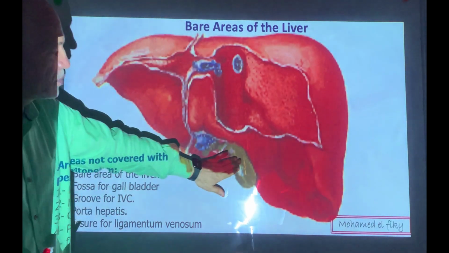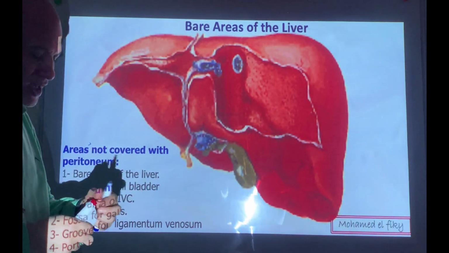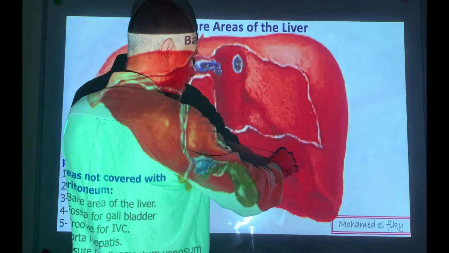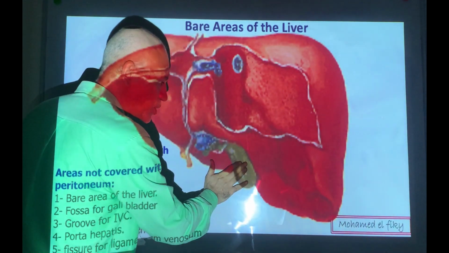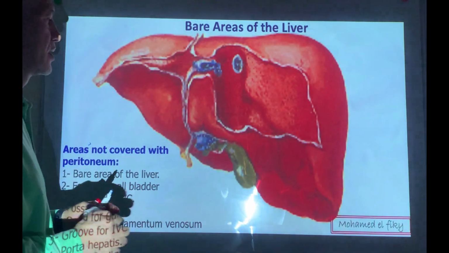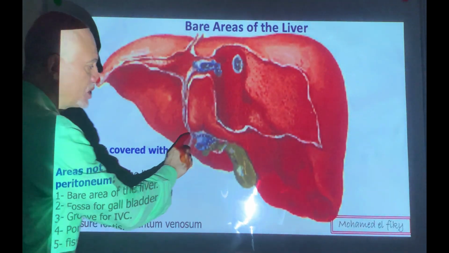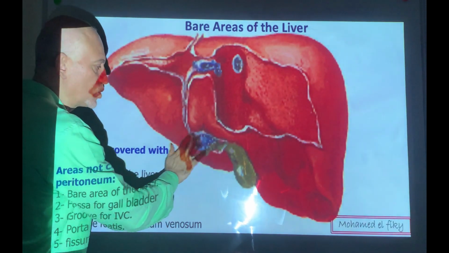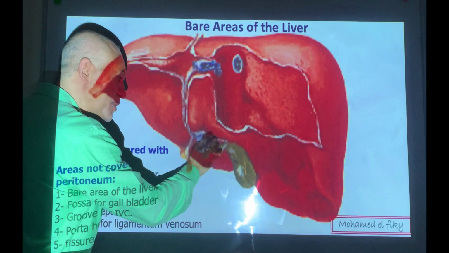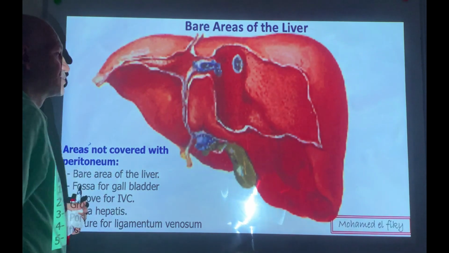Also, this is the gallbladder, with peritoneum covering the liver and the gallbladder like this. So deep to the gallbladder, the gallbladder fossa is a bare area. The peritoneum surrounds the porta hepatis and does not cover it, so the porta hepatis itself is a bare area.